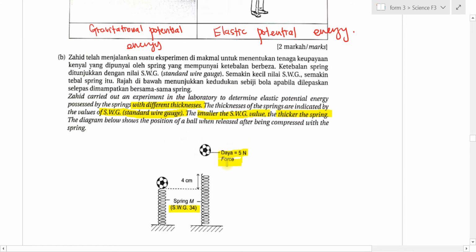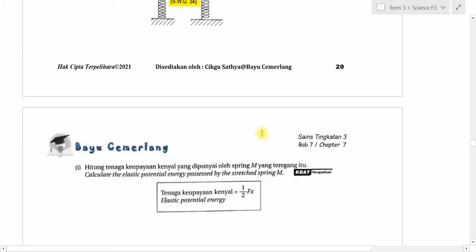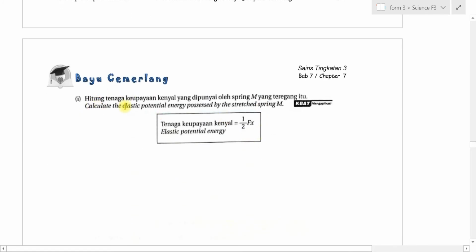Okay, those are the data that we can collect here. Now, calculate the elastic potential energy possessed by the stretched spring M. Okay, this question is very generous. They give us the formula.